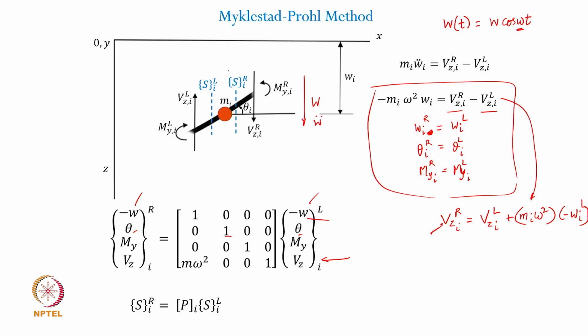That is how this relationship establishes the state vector on the left hand side of the ith mass with the state vector on the right side of the ith mass, and that mass is a point mass. We call this a point matrix, okay. And this matrix relationship now can give us the overall relationship across the entire segment.